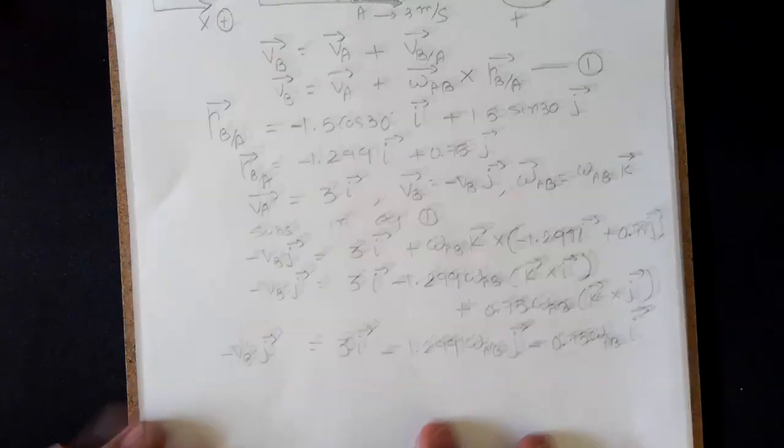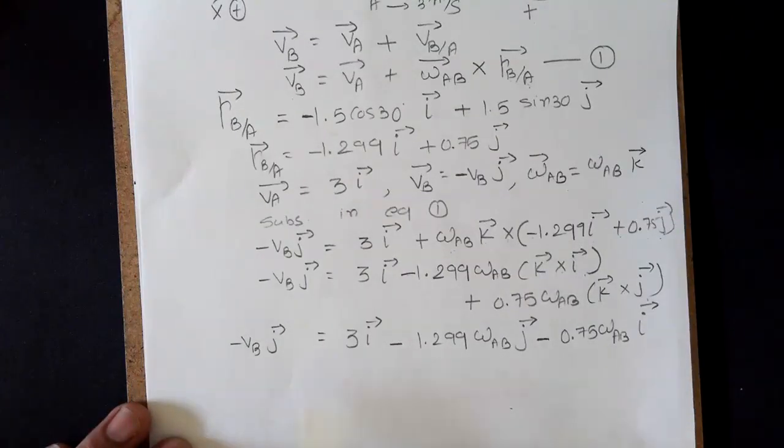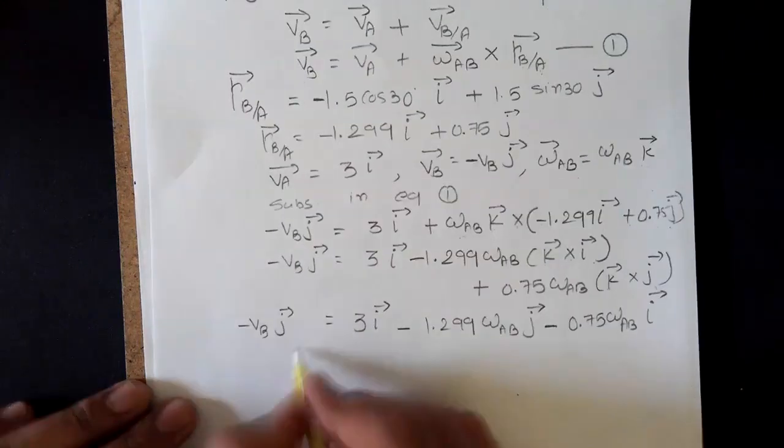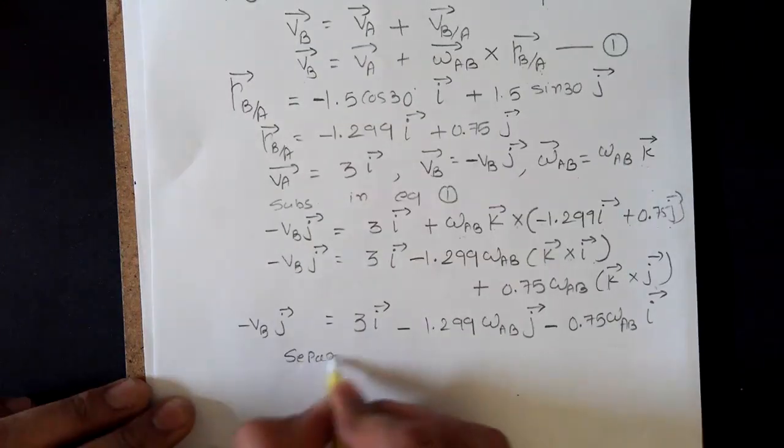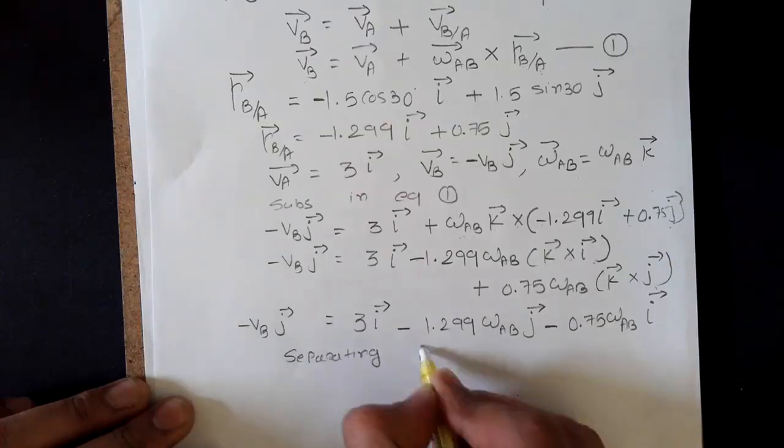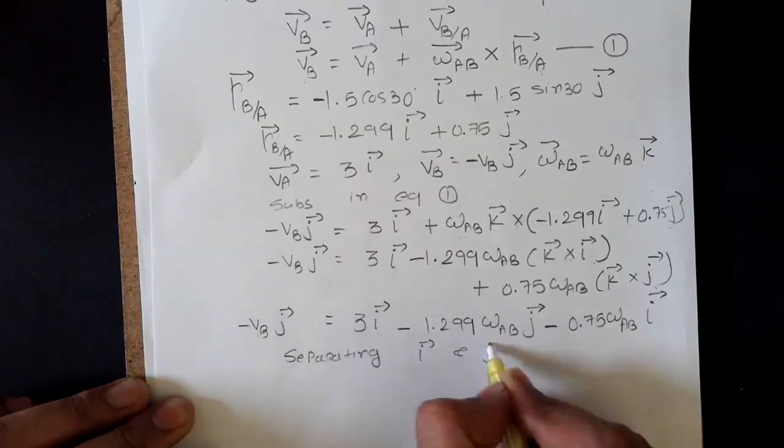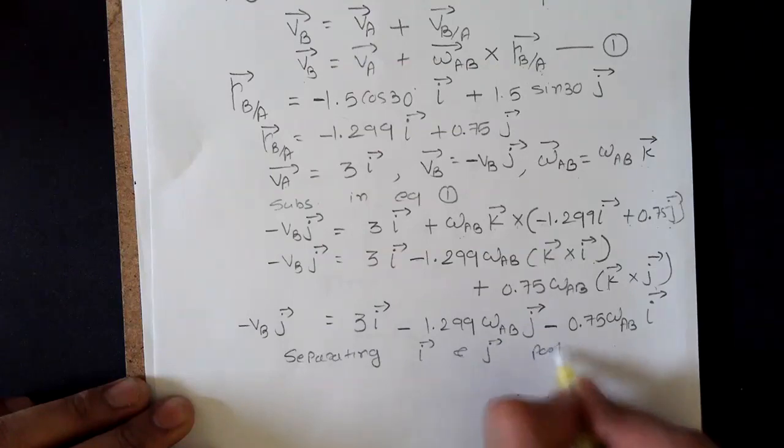Let's see. Next step, we have done this style of problem in statics. So we need to separate the i and j components and basically convert this one vector equation into two scalar equations, one for i, one for j. So separating the i and j parts.